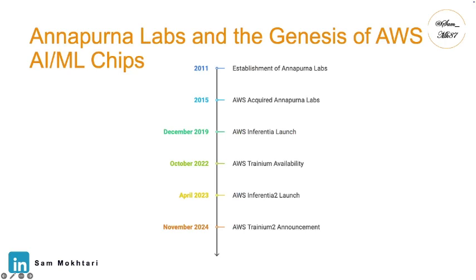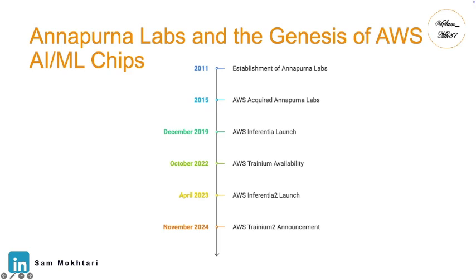Now let's go through the journey of these hardware accelerators. The story of AWS AI/ML hardware accelerators began with Annapurna Labs. This innovative company, founded in 2011, was driven by a mission to modernize chip design. The initial focus was on developing high-performance, energy-efficient chips for data centers.